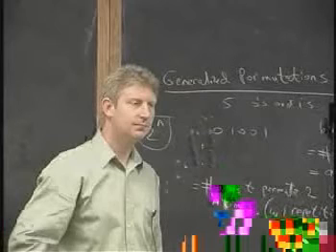So once I pick my 0, I have 9 symbols to fill in the rest of the places. And how many places do I have left? n minus 1 other places. So once this 0 is chosen, I have 9 to the n minus 1 ways of making the number. But this 0 could be chosen in any one of n different spots. So it's n times 9 to the n minus 1.